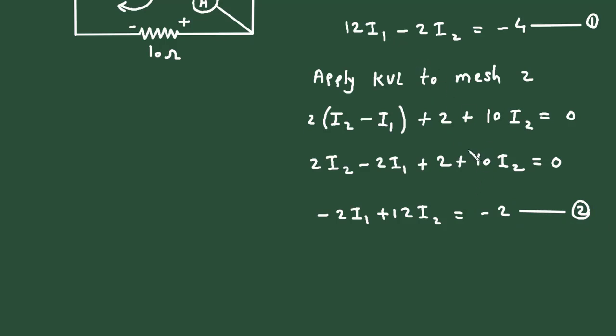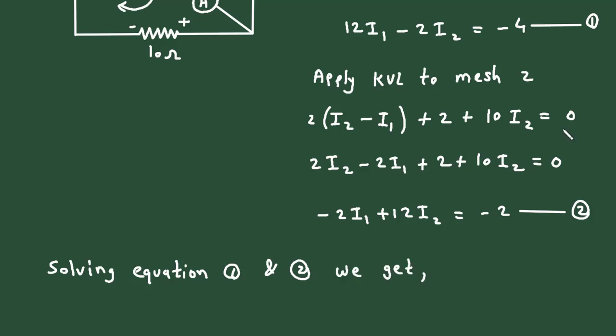So we got two equations. Again let's verify. This is minus 2 I1, then plus 12 I2, and this will be minus 2. Yeah, it is correct. So solving equations 1 and 2, we will solve this in the calculator directly.